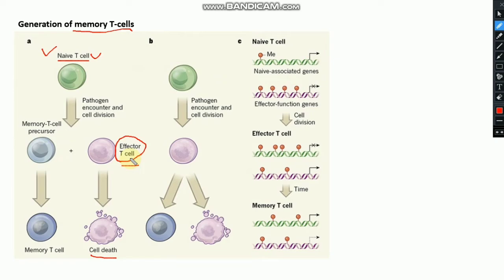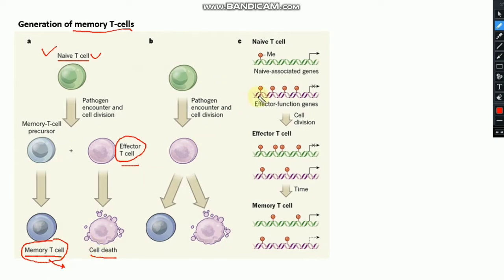But the important thing, and very surprisingly, is that a very small population of the T cells survive and develop as the memory T cells. These T cells are very much trained, and they proliferate when reinfection occurs. Before reinfection, these T cells are not going to proliferate or produce effector T cells.